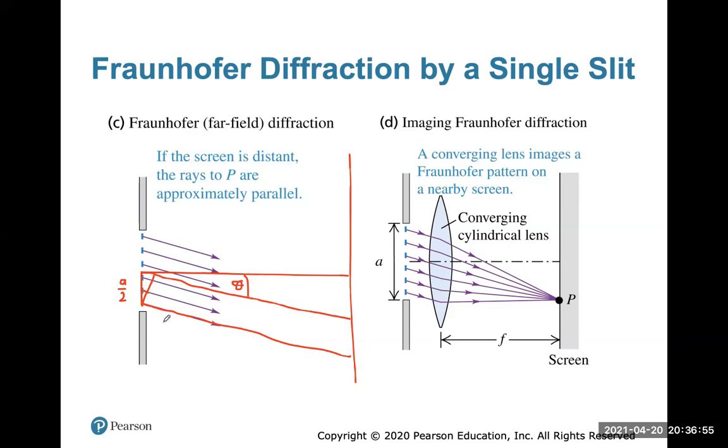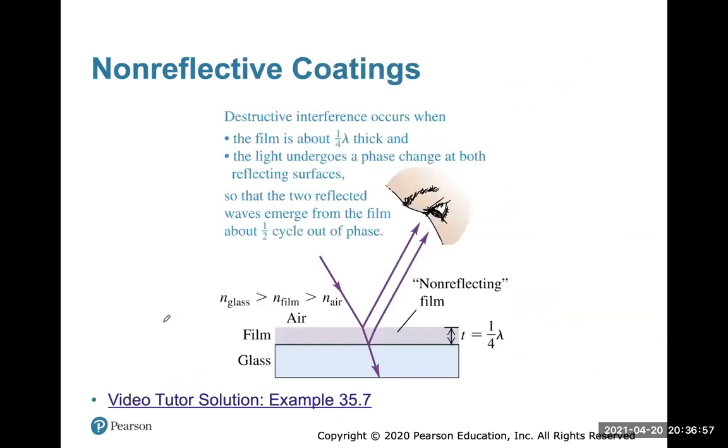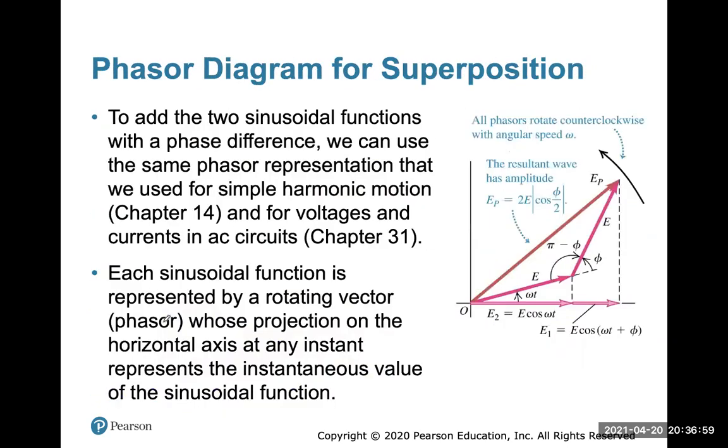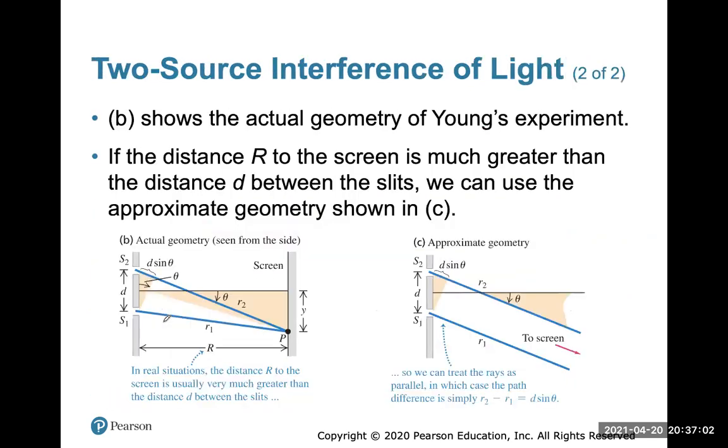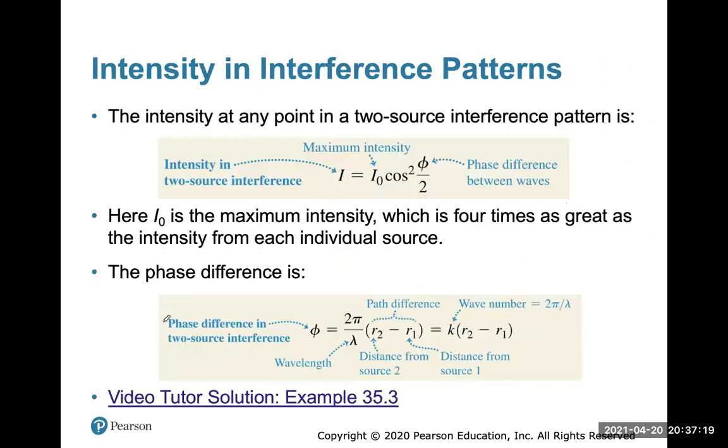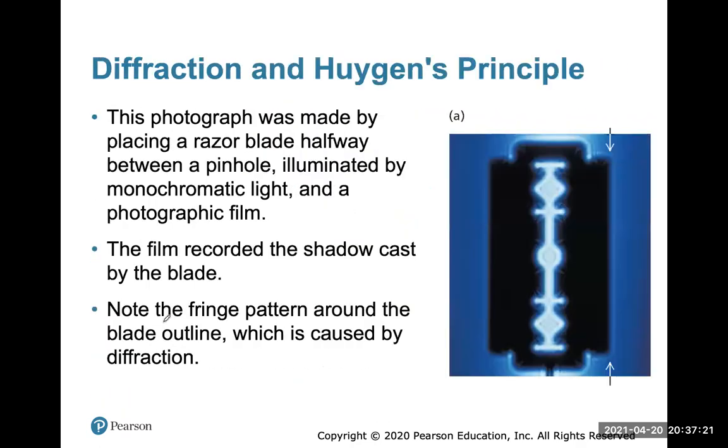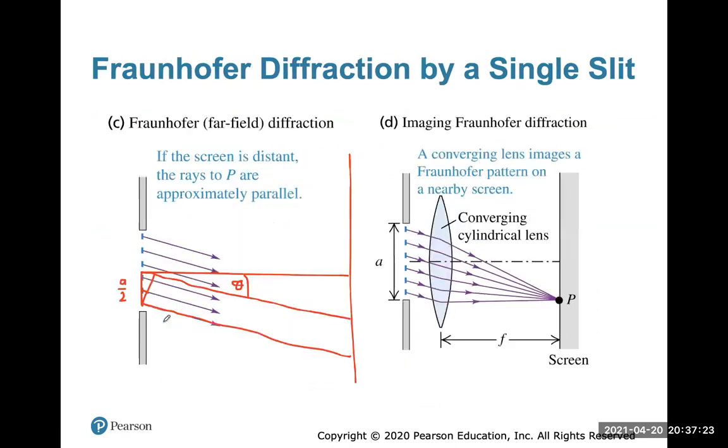And in this instance, I'm just going back to this picture, d sine theta, the distance between those two rays that I drew, a over 2.